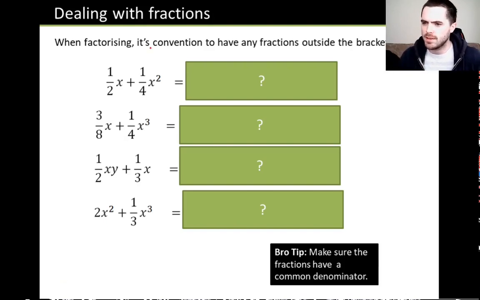So let's rewrite this question here with the same denominator. We can't turn this quarter into a half because we'd have to make the numerator smaller, and we don't want a numerator smaller than 1. We can turn a half into a certain number of quarters. We can times the top and bottom by 2 to turn this into 2 quarters.